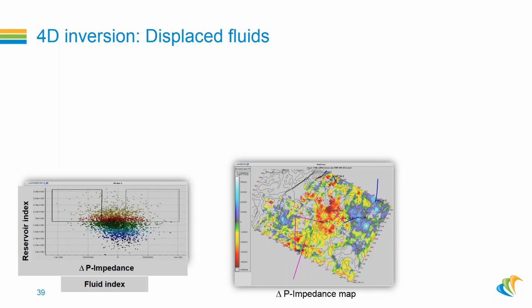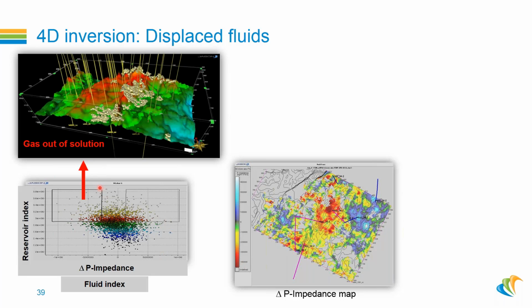Comparing with the extractions of these polygons in 3D, we have these bodies captured, and these bodies are confirmed with the wells, which means in these areas gas comes out of solution because the pressure is depleting, and that is also confirmed by these purple wells on the map.